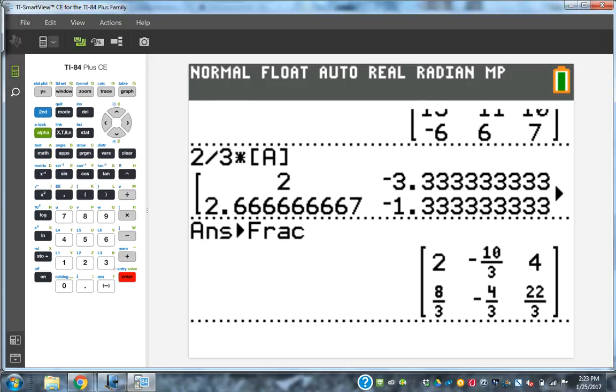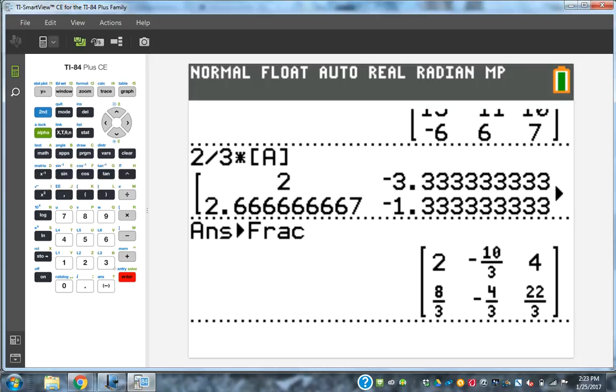That changes whatever answer you got into fraction form. And the elements of a matrix can be fractions. So anytime you work out a problem and you get a decimal as an answer, but I need to give fractions for Mr. Isbell because he's picky about that part, then math, enter is how you're going to get there.